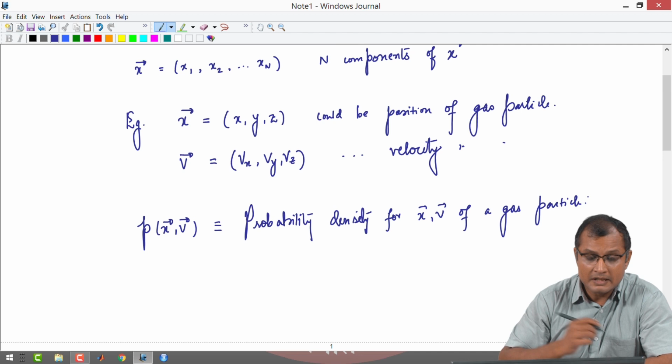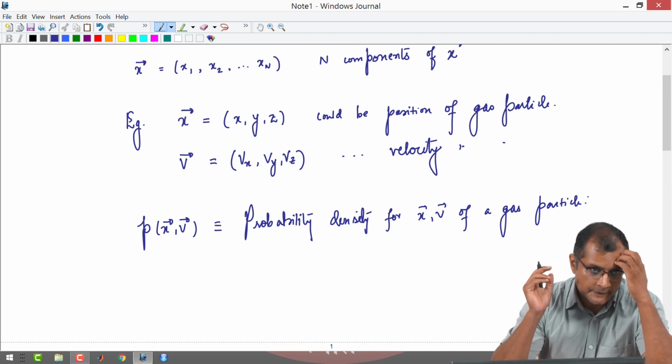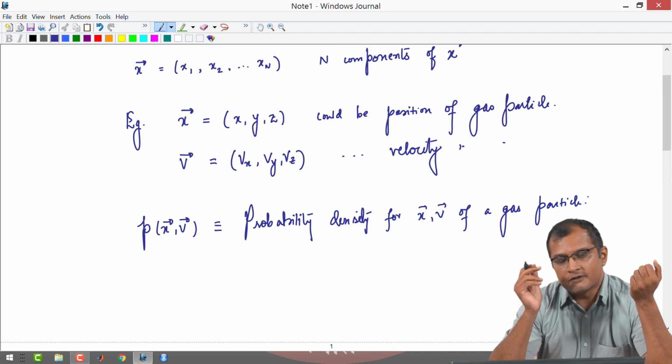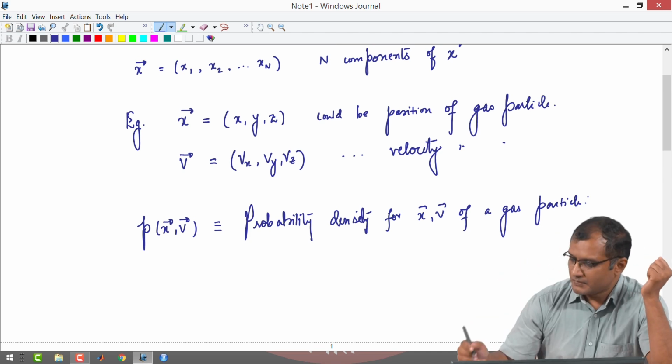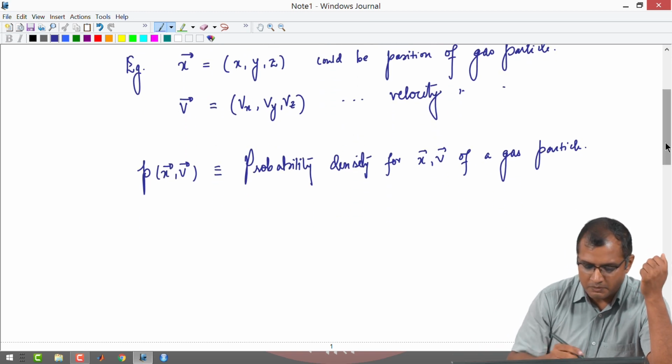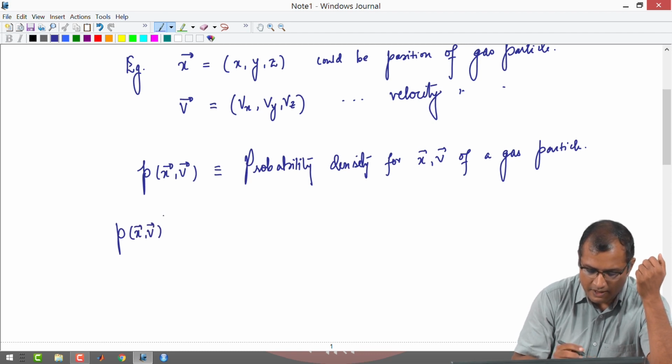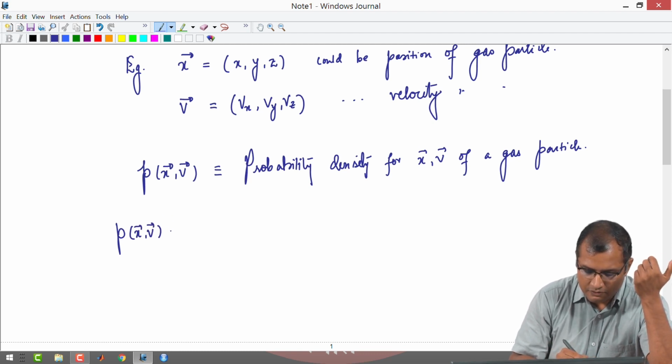This simply means that if I want to know the probability of finding a gas particle in the neighborhood of some x, v, which is the position and momentum of the particle in this room, then I simply have to compute P of x comma v into d cube x into d cube v.